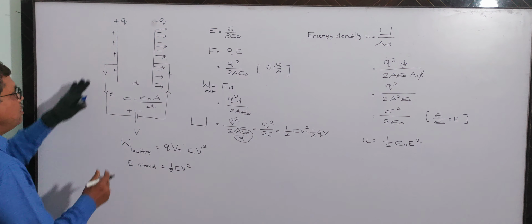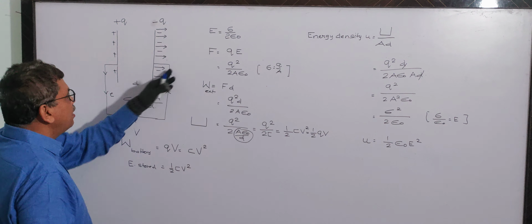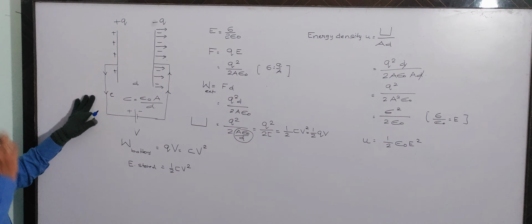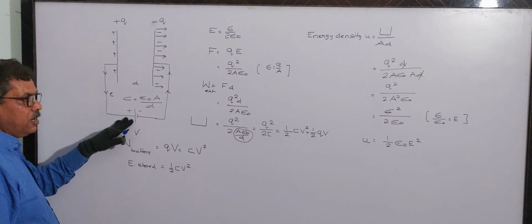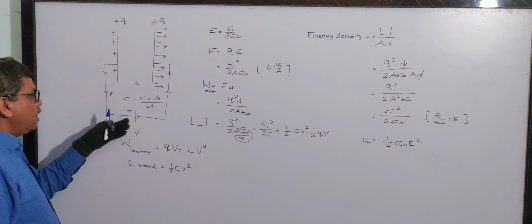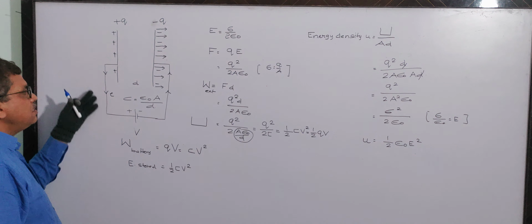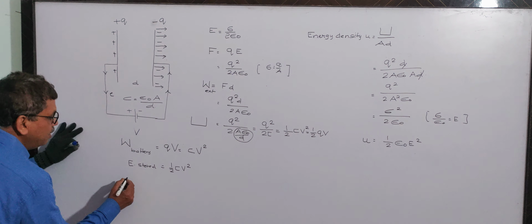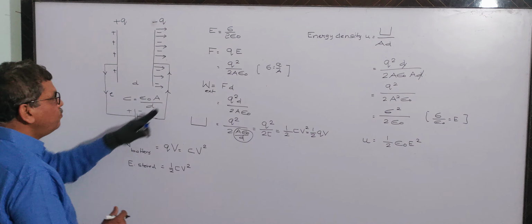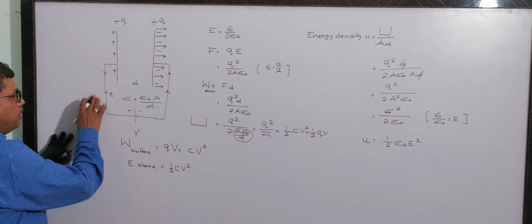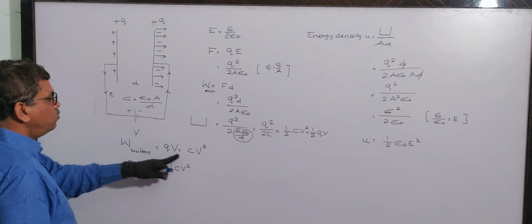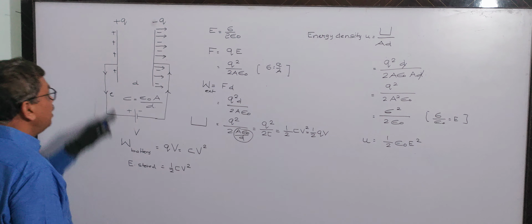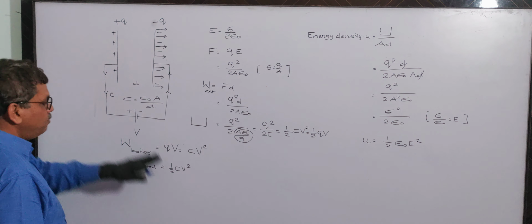Since the charge is flowing in this conducting wire, this charge gets kinetic energy, then it collides with other charges, other electrons, and loses its electrical kinetic energy. So this kinetic energy is converted into heat energy. What amount of heat energy is dissipated in this conducting wire can be found out: the total work done by the battery is CV square, and the energy stored in the capacitor is half CV square.